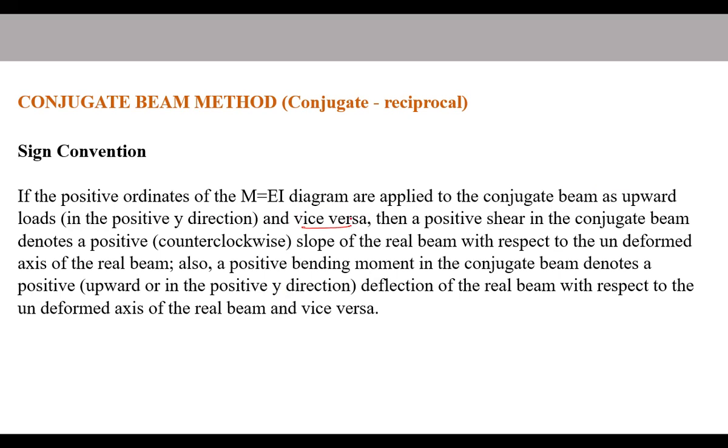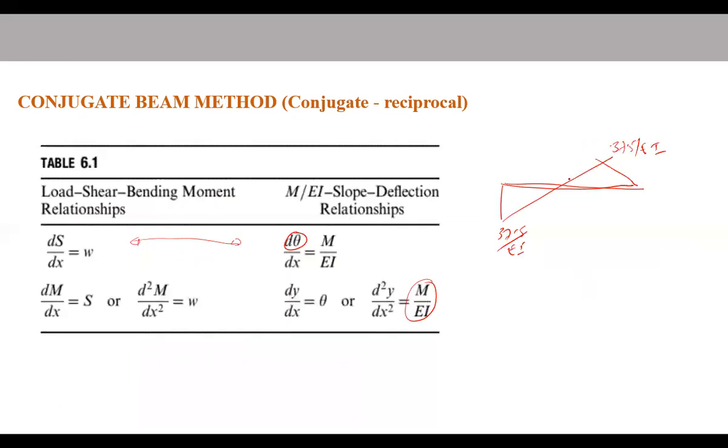For example, here the moment is positive, so the load here is going to be upward. If it is on the negative side, it will be downward. So when you convert M over EI as a load, if it is on the positive side, it will be an upward load. If it is on the negative side, it will be a downward load.